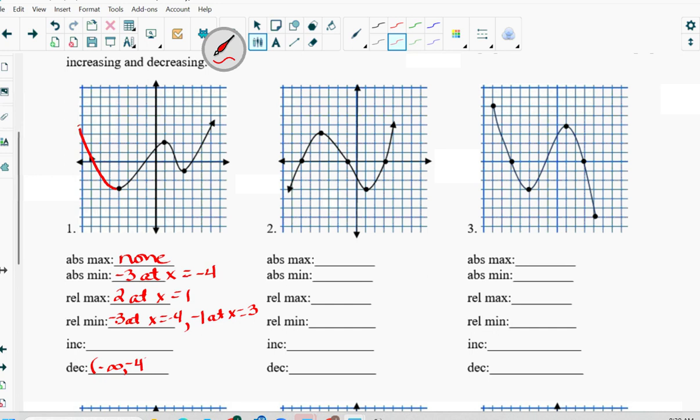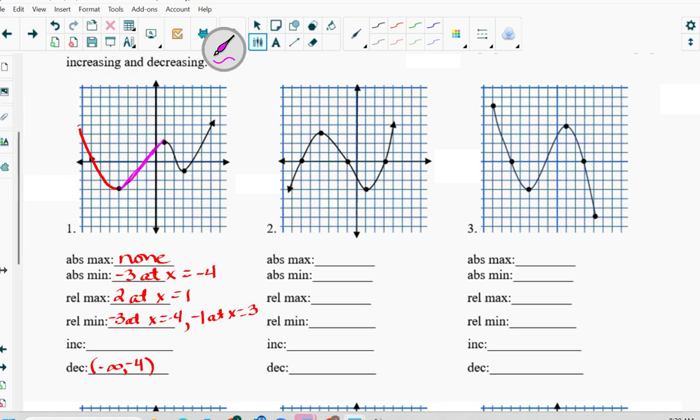And just use parentheses on everything for increasing and decreasing. Different textbooks do it different ways, whether you include the turning point or not. We'll just do parentheses.